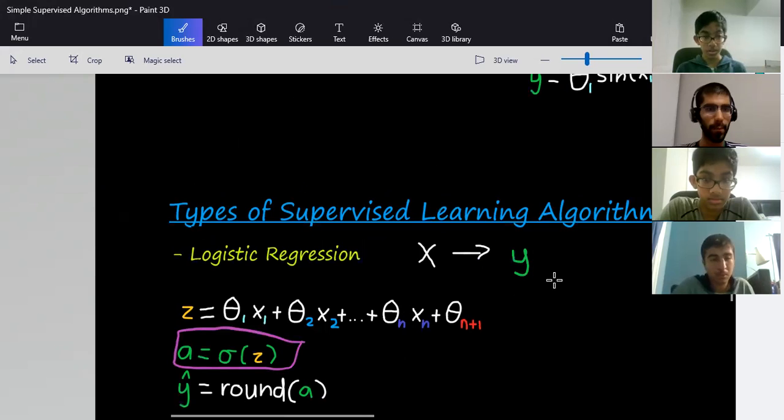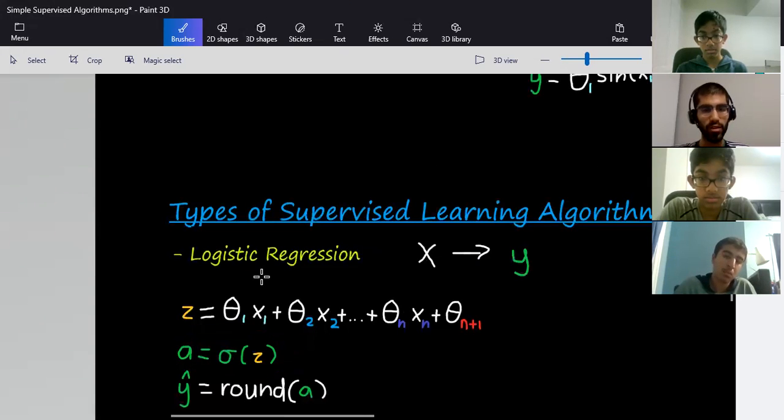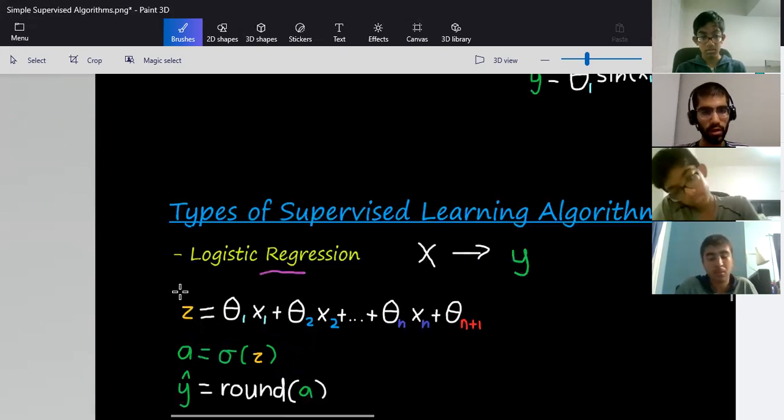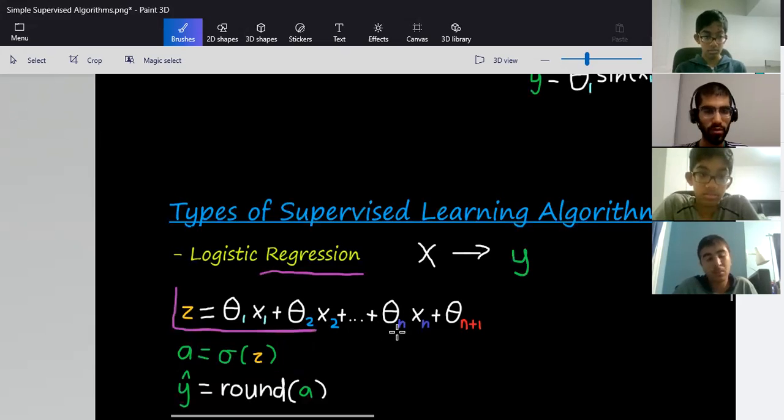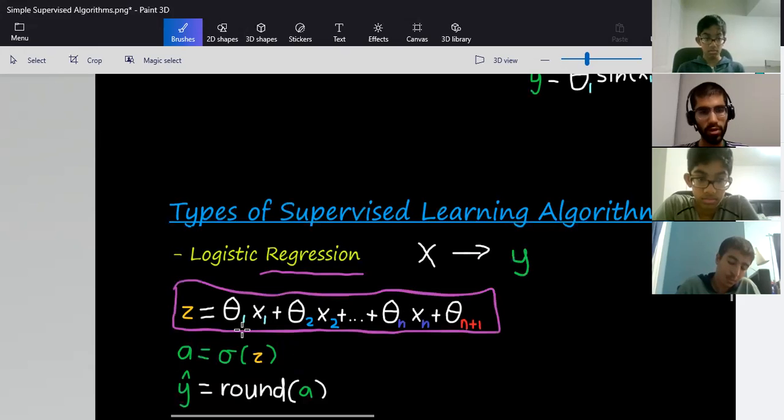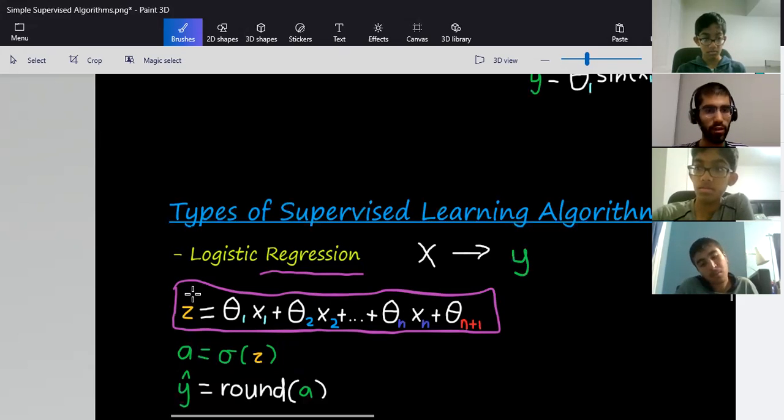How would logistic regression be a regression though? It's like classifying between two discrete variables. We call it logistic regression because this first step is just regression. It's the same thing that we were doing earlier. Just take a bunch of data, multiplied by x's, and this weighted input is still a continuous variable.